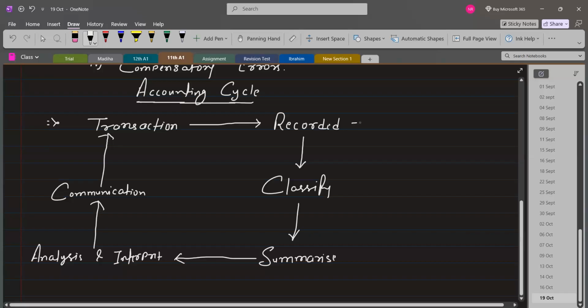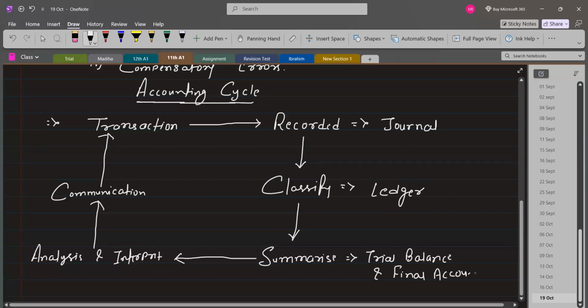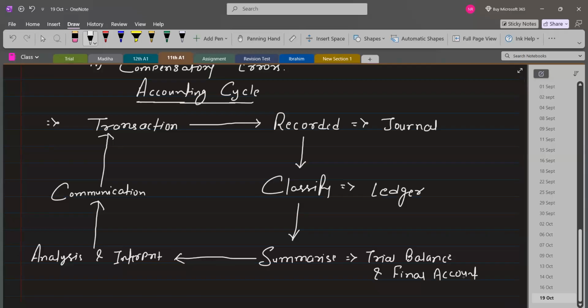Now it is recorded in journal. Journal is the first step. After that, journal is classified in ledger, as we have studied. And after preparation of ledger, we summarize the books, we prepare trial balance and final account. After knowing the trial balance and final account, we know the profit and loss and financial position of the business.